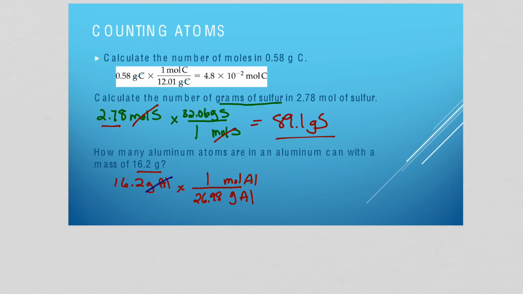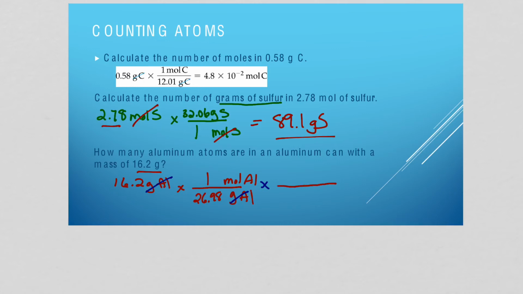My grams cancel out here, and I would be left with moles of aluminum if I were to do this calculation. Now, we could get an answer there, and you'd come up with something like half a mole, or we can just continue on.